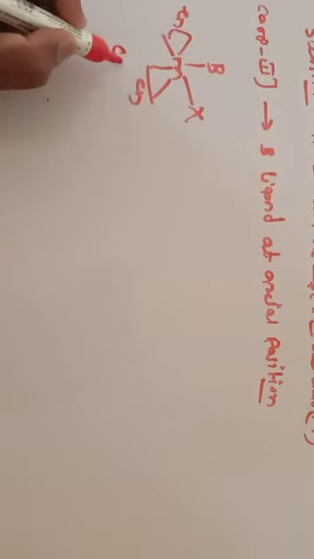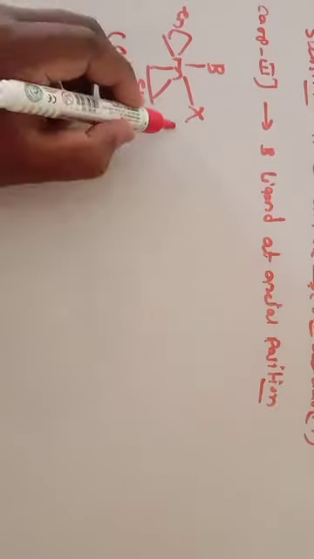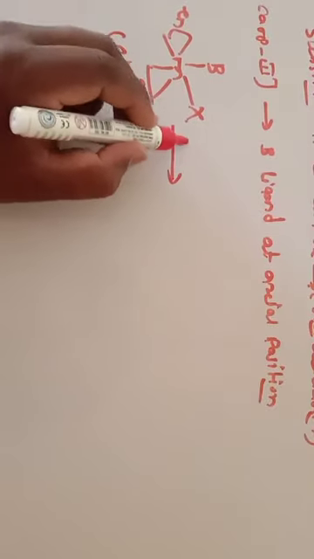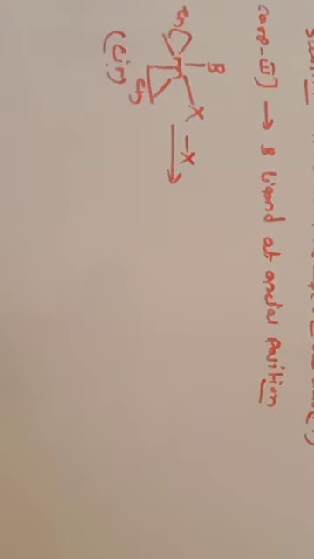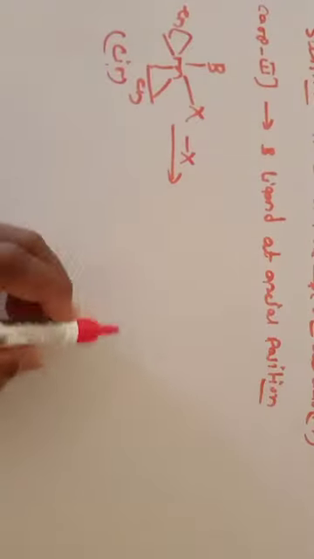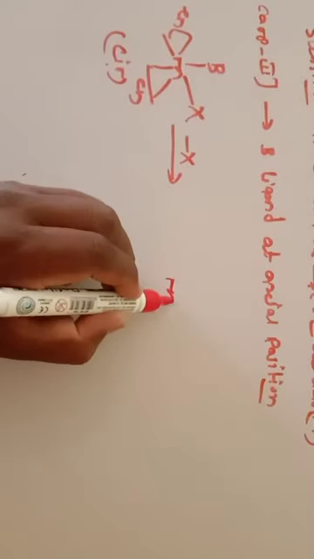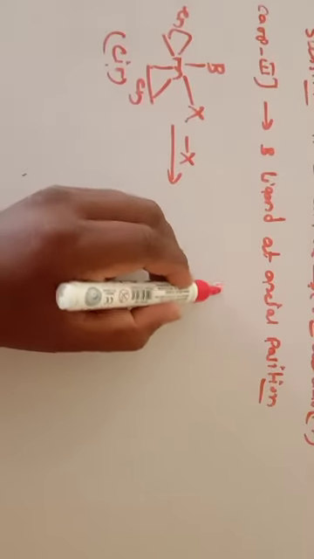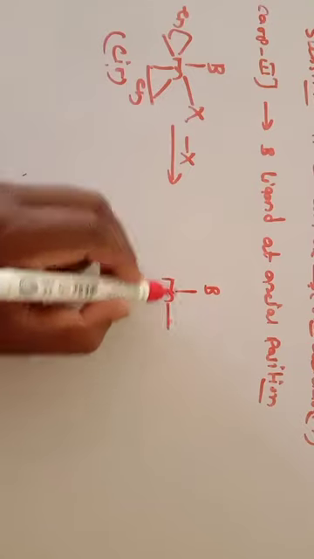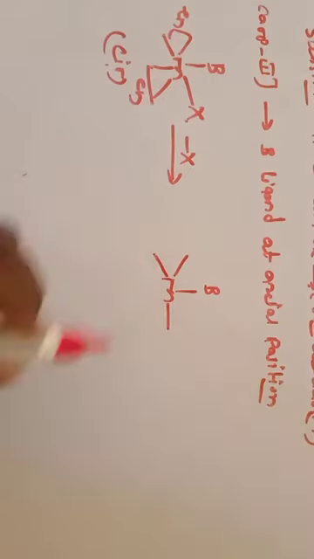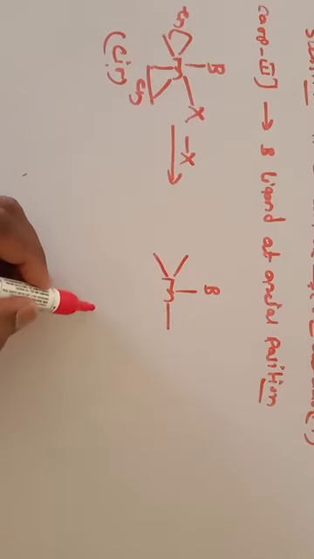So this is your cis complex. After dissociation of the X, we get the trigonal bipyramidal intermediate.